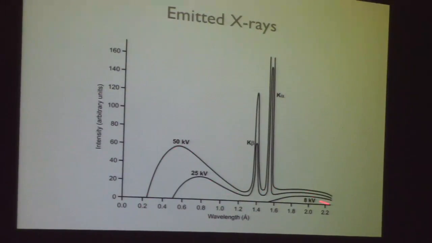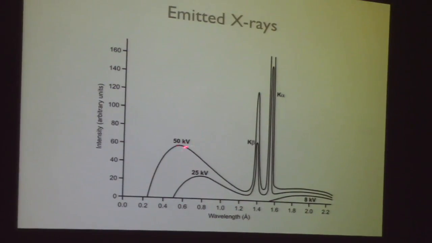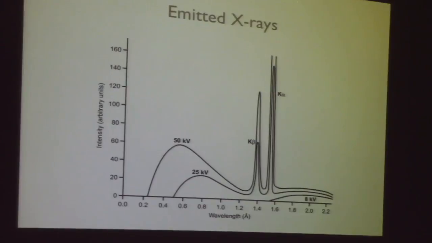We have some intensity at every value of wavelength over this range. But at a high accelerating voltage, you can see this goes way up to the ceiling here. The actual amount of X-rays is dominated by the X-rays of this wavelength here. And so you can do quite nice X-ray experiments from one of these sources, even without some kind of monochromator.